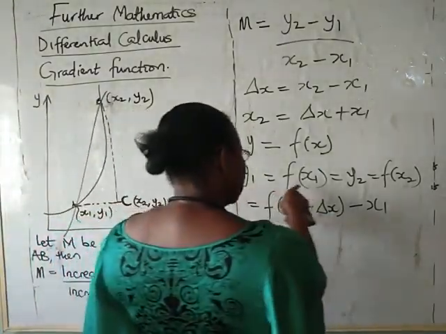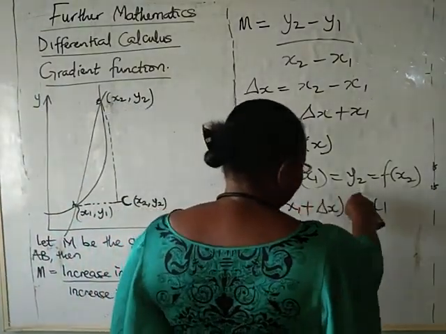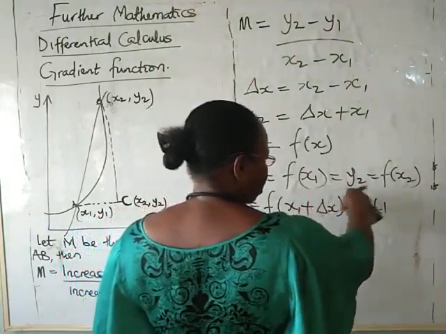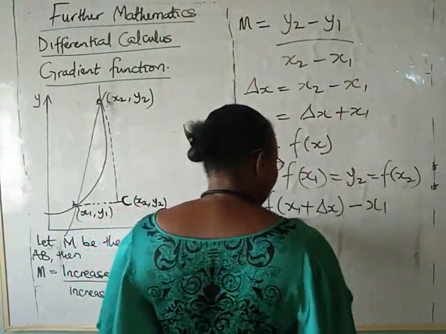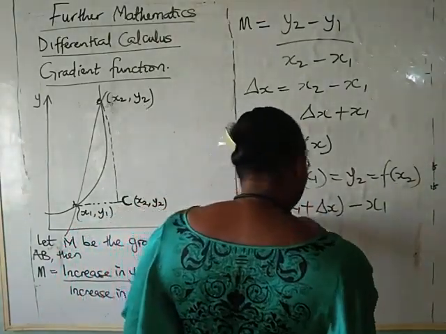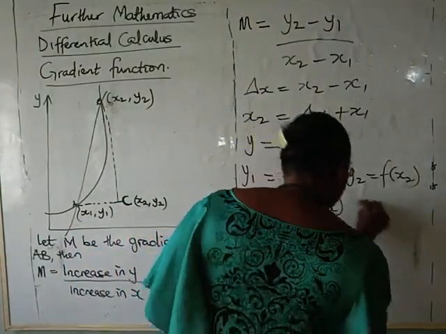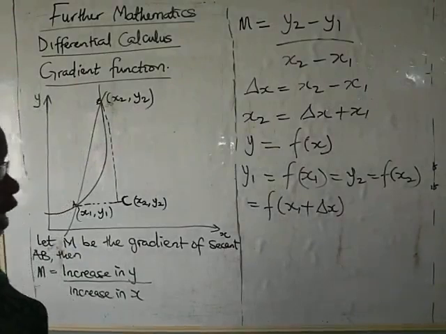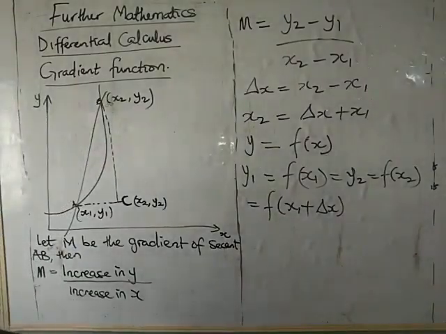As y1 equals f of x1 and y2 equals f of x2, as I'm trying to measure the increment in x, definitely the increment in x should give me x1 plus delta x.